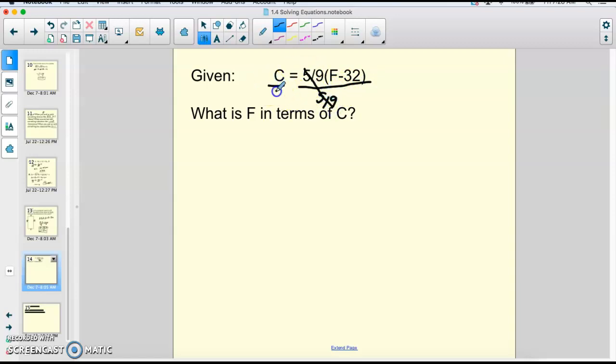At this point, go ahead and just divide. Now, dividing by a fraction is the same as multiplying by the reciprocal, right? And so that's the same as doing 9/5. We flip our fraction and then times C. And then we got F minus 32.